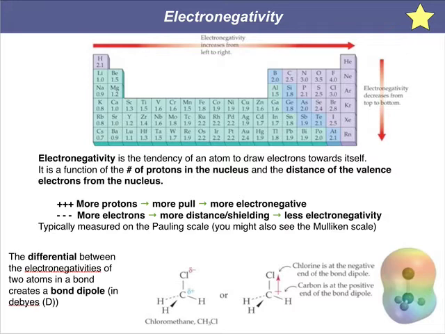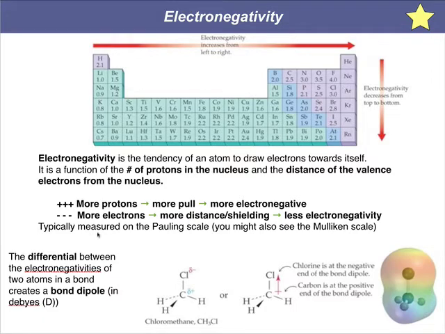We've got more protons in the nucleus for larger atoms, so that's going to mean more pull. That's generally going to mean more electronegativity. So that's why as we go across the periodic table, we get more protons, and so we're going to have more pull. So electronegativity is going to increase from left to right.